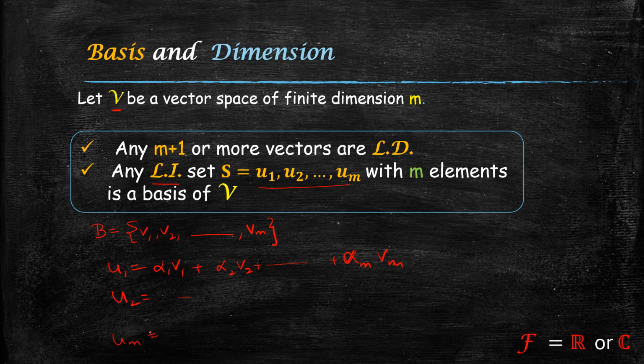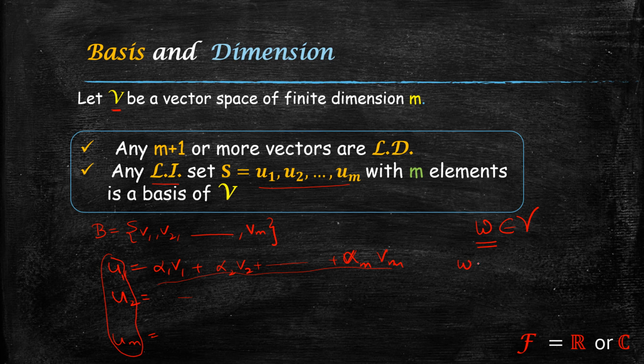So in that case, if W is any element of vector space V, then this W can be written as a linear combination of vectors u1, u2, and so on, because u1, u2 can further be written as linear combinations of v1, v2, ..., vm. It is the transitivity property.